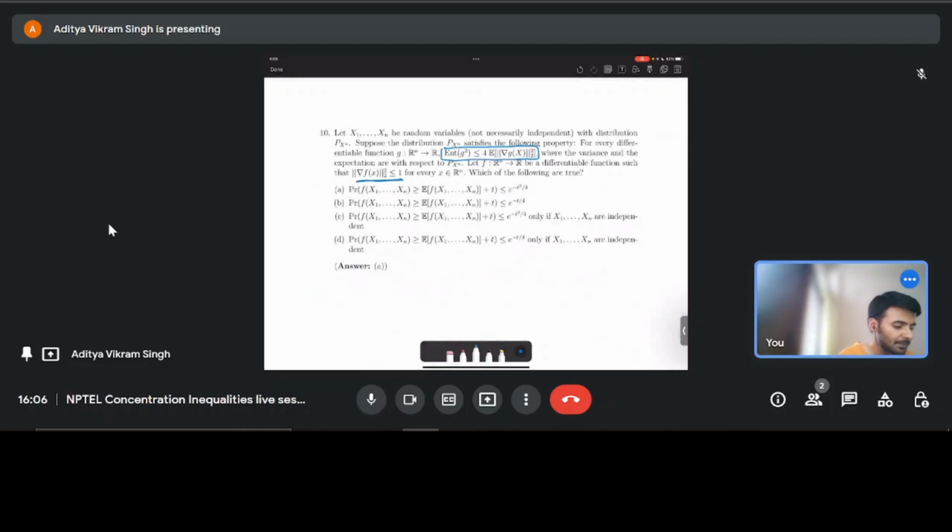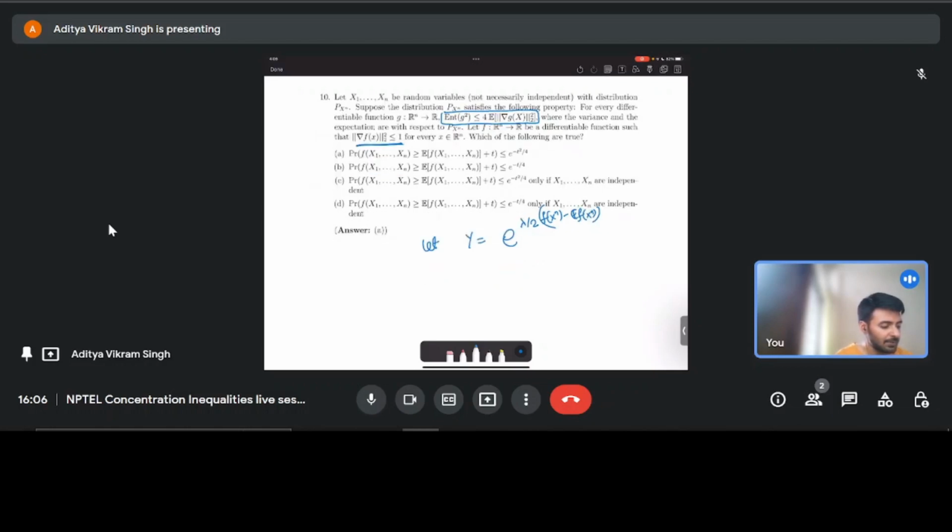Again, define y as e power lambda by 2 times f of xn minus expected value of f of xn, as before, as in question 9. And again, this is basically our g of xn.